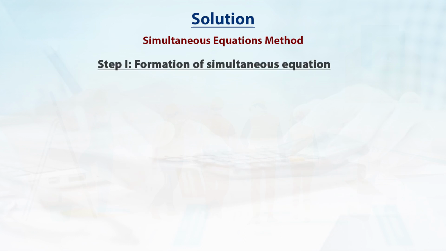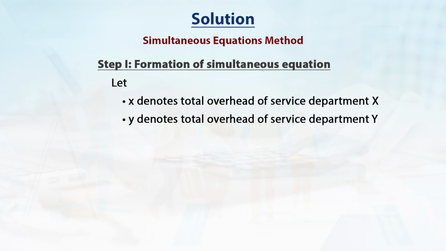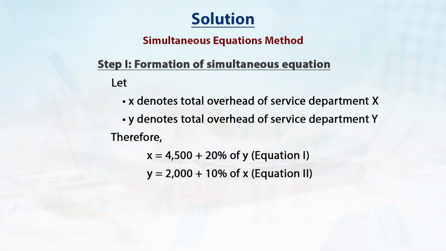Let's solve the example. The first step is formation of simultaneous equations. Let's assume X denotes total overhead of service department X, and Y denotes total overheads of service department Y. Therefore, X is equal to 4500 plus 20% of Y, that is equation 1, and Y is equal to 2000 plus 10% of X, that is equation 2.